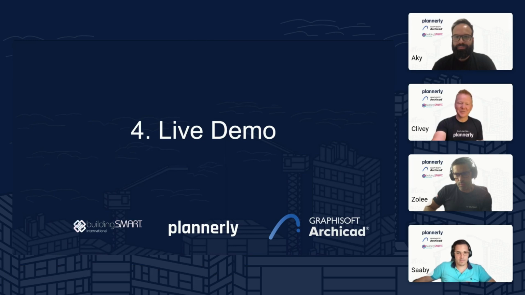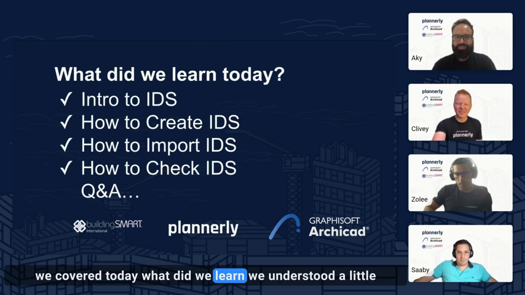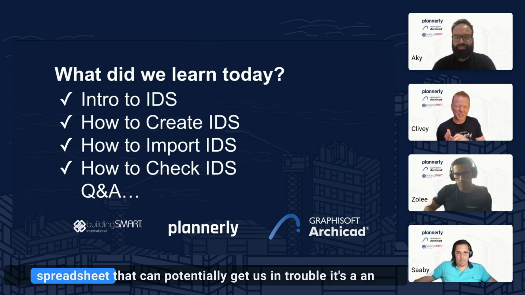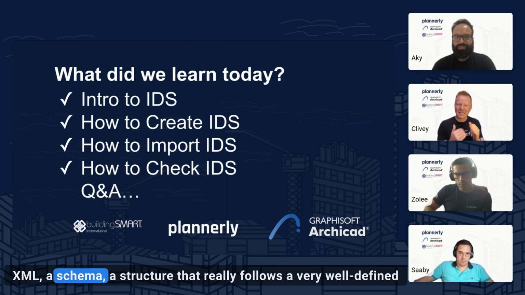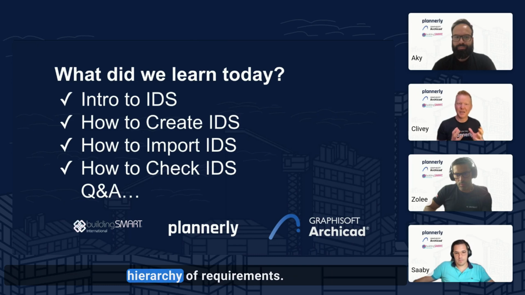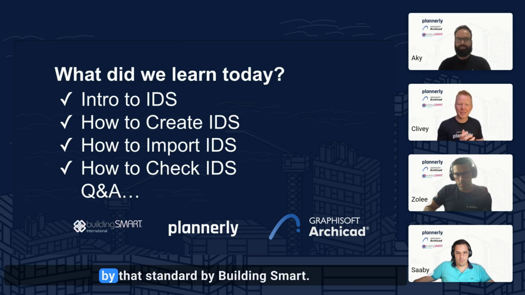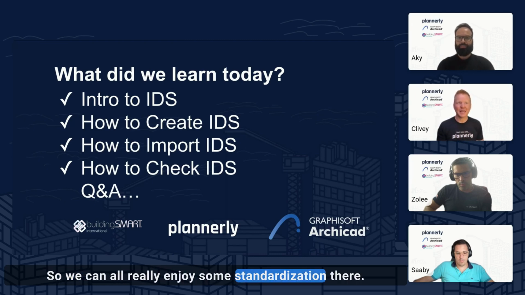Thanks, guys. So we covered today, what did we learn? We understood a little bit more about IDS. It's not just an overly flexible spreadsheet that can potentially get us in trouble. It's an XML schema, a structure that really follows a very well-defined hierarchy of requirements, and it's being defined and curated as a standard by buildingSMART, so we can all enjoy some standardization there.